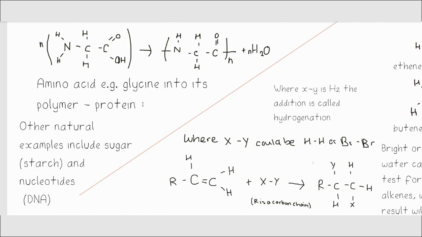Different amino acids can be combined in different ways to make different proteins with different shapes to have different uses. DNA molecules are also made from nucleotide polymers, where the order of the bases codes for the genes of the organism. And sugars can bond together to make starch, which is used in plant cell walls.